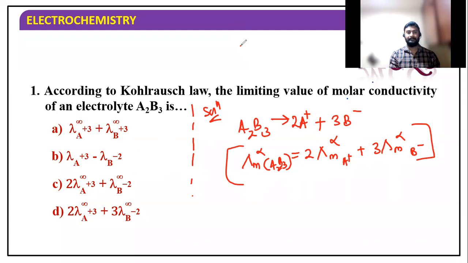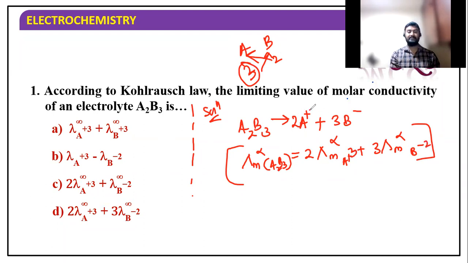So it will be A2B3. See why I'm writing like that? Because it's a crisscross method. The charge here would be A2 plus, as you can see, and B. Here aluminum is 3, so it would be A3 plus, and B2 minus.